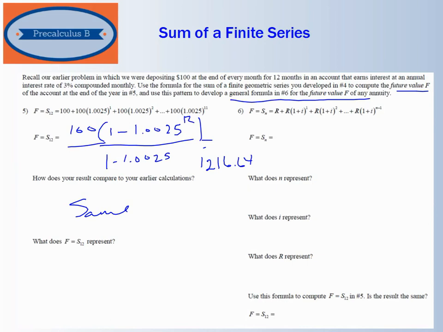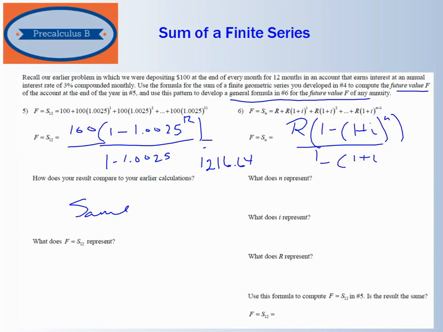And so what this ends up becoming is just the rate r times 1 minus parentheses 1 plus i raised to the n, all over 1 minus 1 plus i.